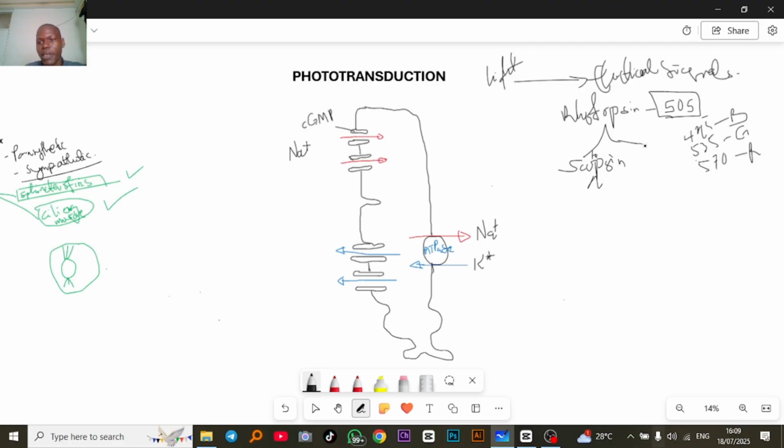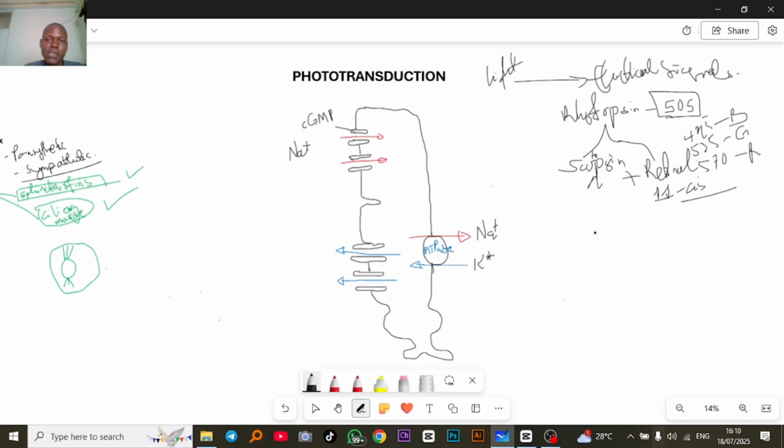The other component is retinol, but this retinol is in the 11-cis form. For those who did chemistry, we can tell the difference between cis and trans. It exists as 11-cis retinol when combined with scotopsin to form rhodopsin.